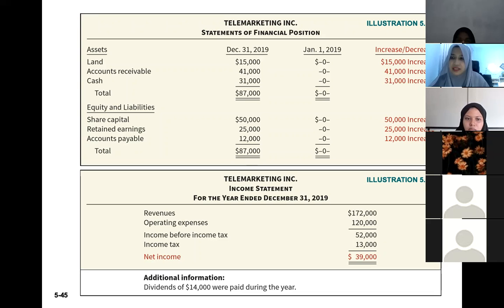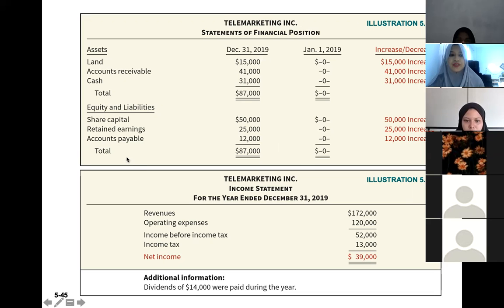In my rationale, for my personal understanding of how to do the statement of cash flow: if there is an increase in current assets, for example the account receivable, it means the company didn't collect additional cash. That's why if there is an increase in current assets, we deduct it from the net income.